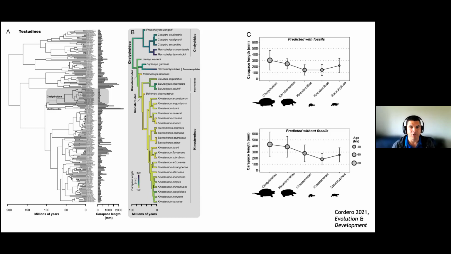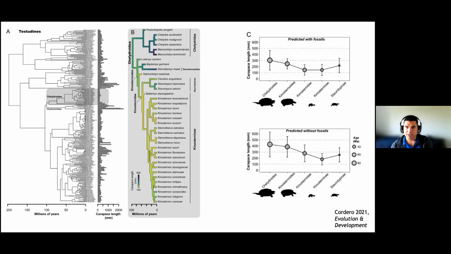If you look at the heat map visualization in the gray box, there is a gradual shift towards a smaller body size, going from the earliest branching lineages to the later branching lineages in the tree, in the clade Kinosternidae.